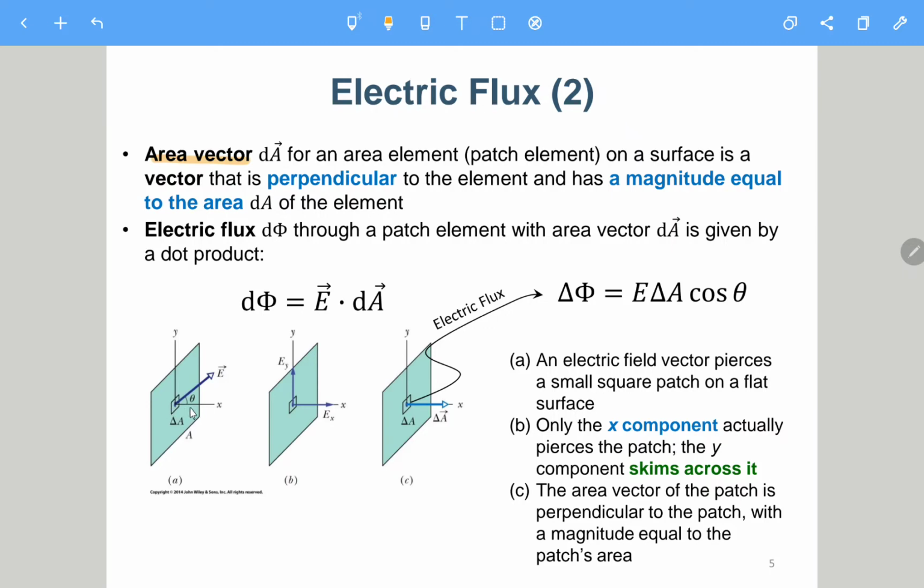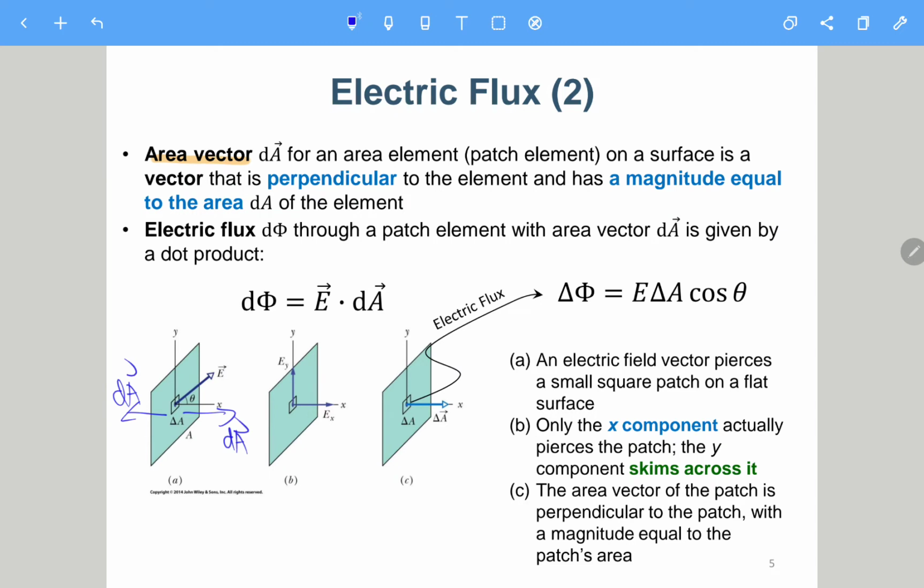So suppose this is a plane, if you consider the line perpendicular to it, dA may be pointing this side or maybe pointing that side. If it is just an open surface, then it's okay.